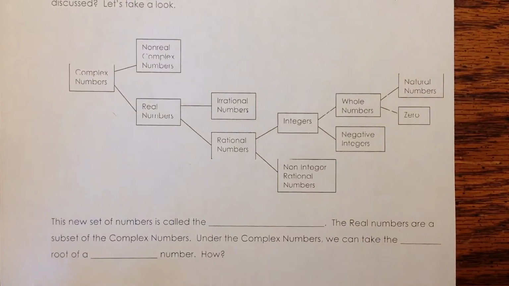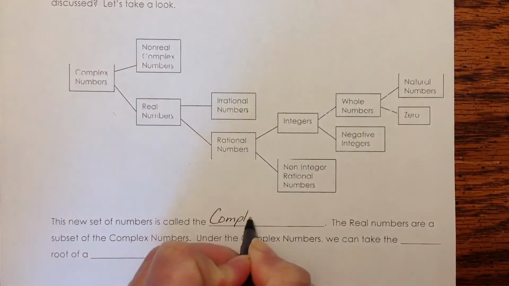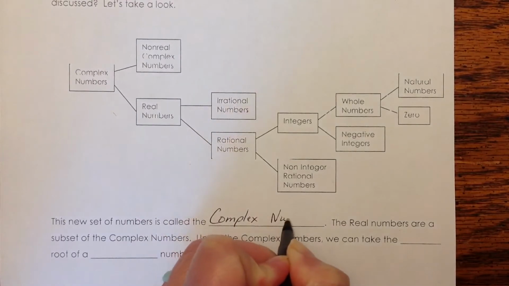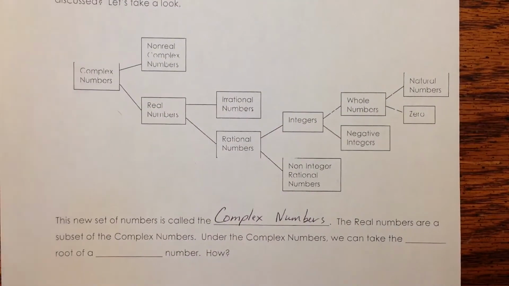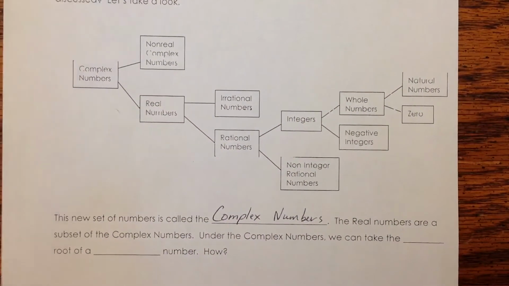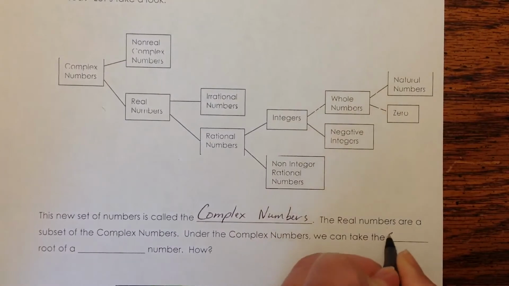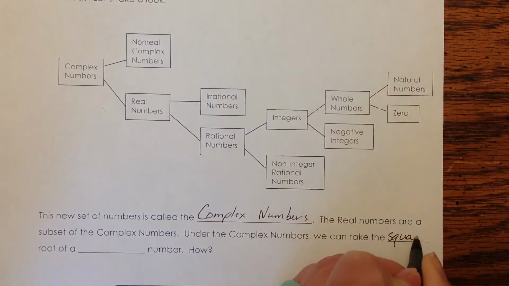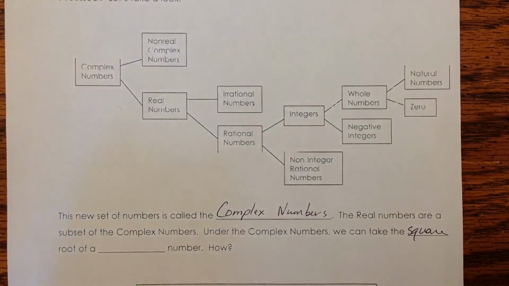So this new set of numbers is called the complex numbers. The real numbers are a subset of the complex numbers. Under the complex numbers, we can take the square root of a negative number.